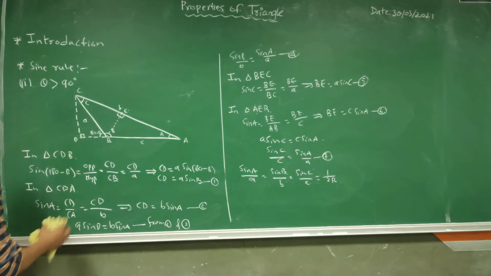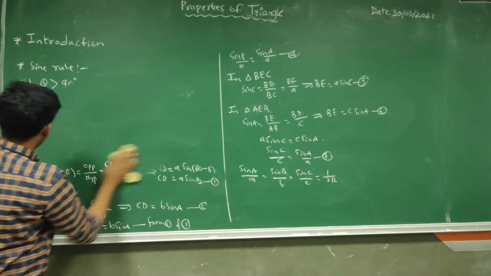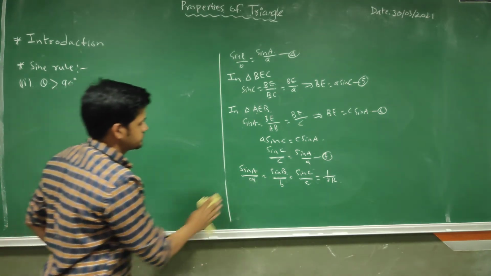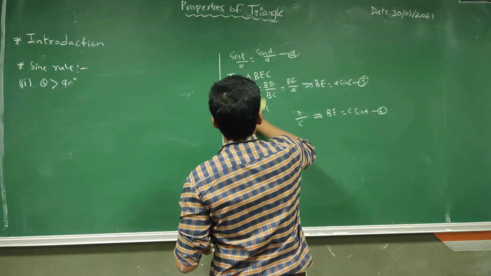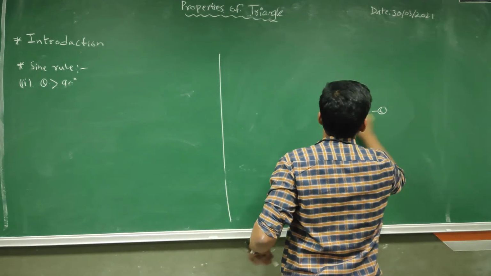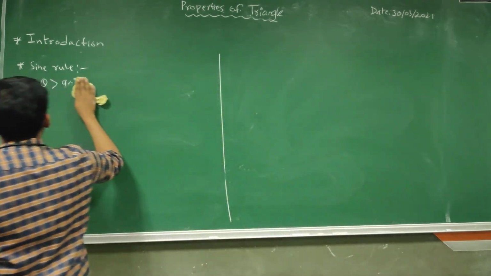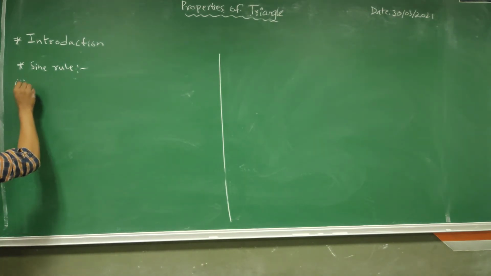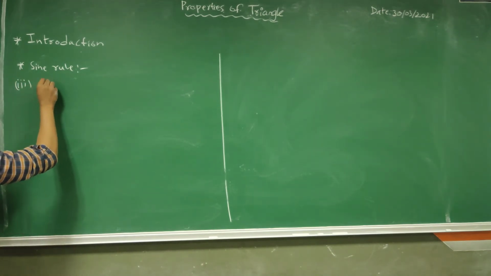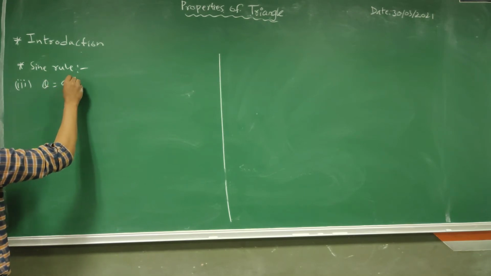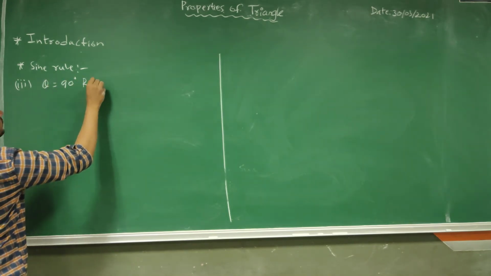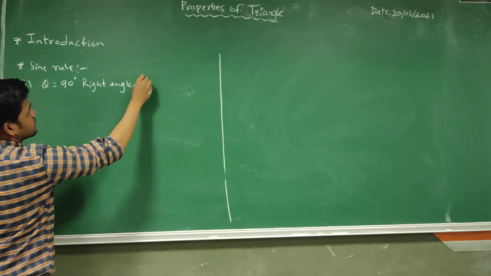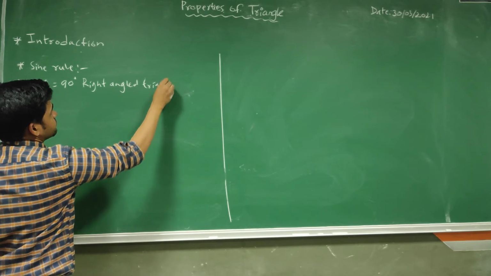Okay, so the third case, right angle triangle. That means theta is equal to 90 degrees.